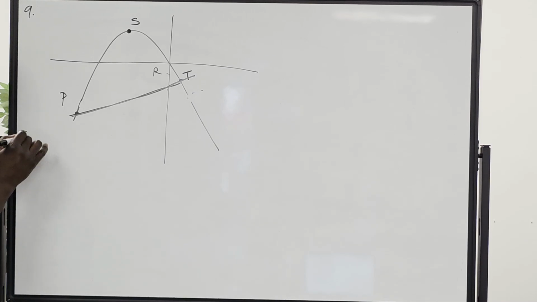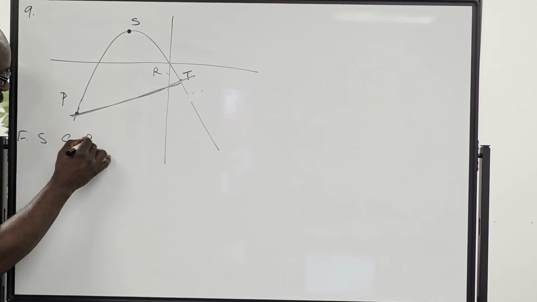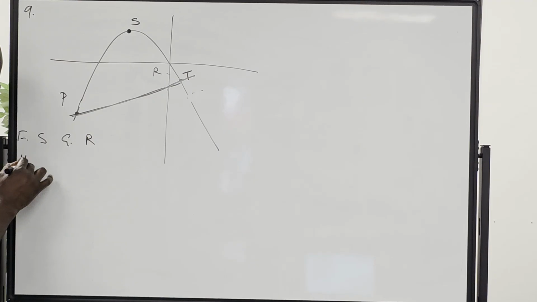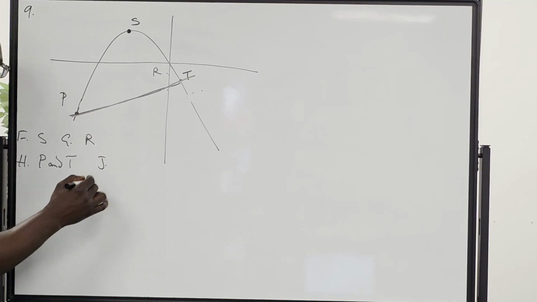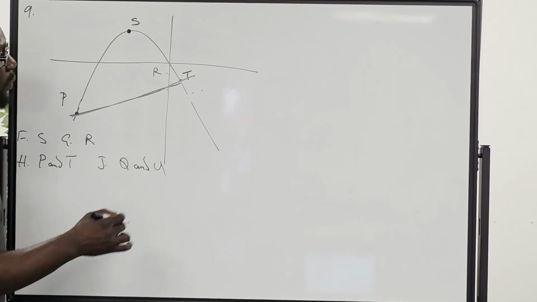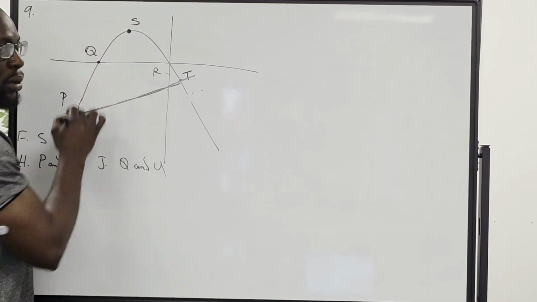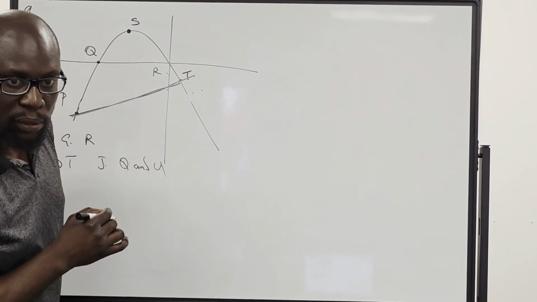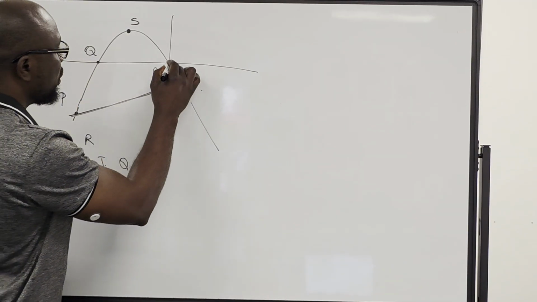And the options: option F is S. Option G is R. Option H is P and T. And option J is Q and U. Q and U, I forgot about that. Q is somewhere here. And then U is somewhere here.